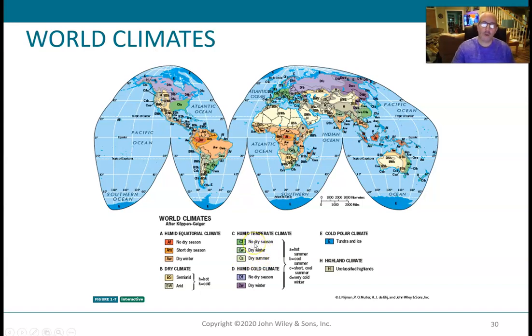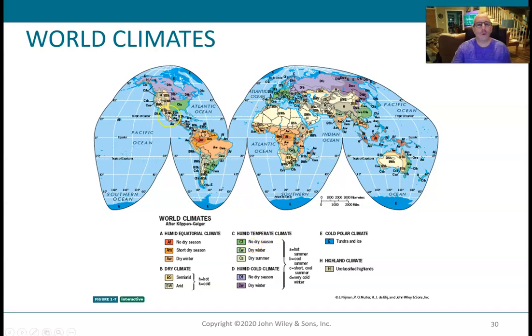So we really don't have a dry season here in Kentucky. We have months that are a little drier than others, but we don't have a true dry season where it doesn't rain for like 3 months. We never have that unless we're in extreme drought. So we're that CFA climate.